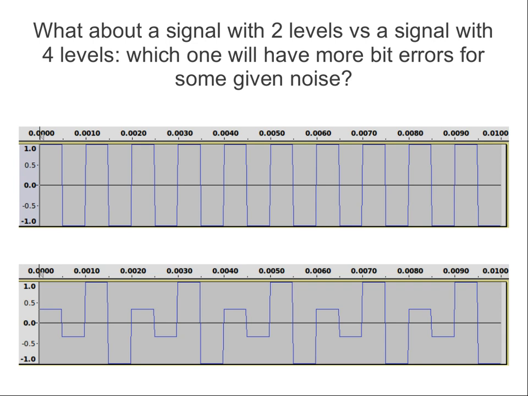How many signal elements do we send per second? A signal element is just one level. How many do we send per second in the second plot?